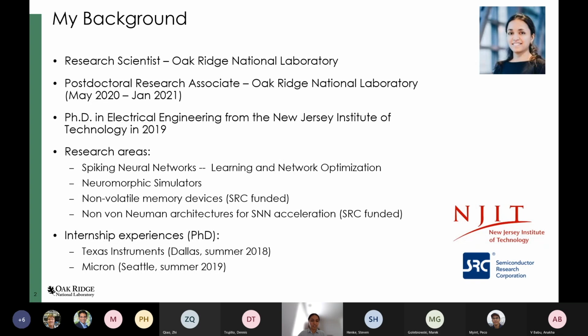As part of my PhD, I was also part of an SRC funded project at NJIT, which included studying some of the non-volatile memories and non-von Neumann architectures for accelerating SNN simulation. And I also have a couple of internship experiences at Texas Instruments and Micron, both in the domain of machine learning and hardware optimization.